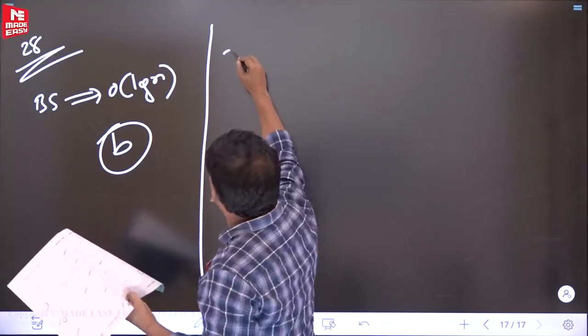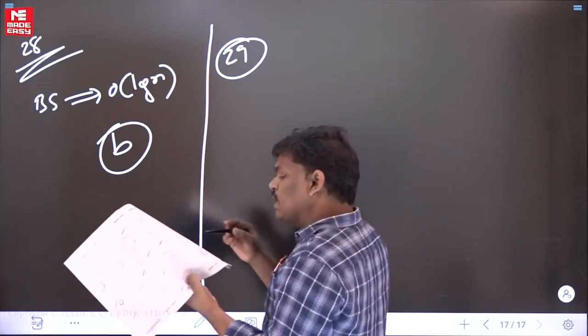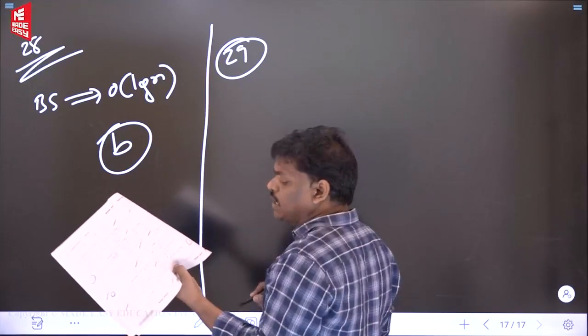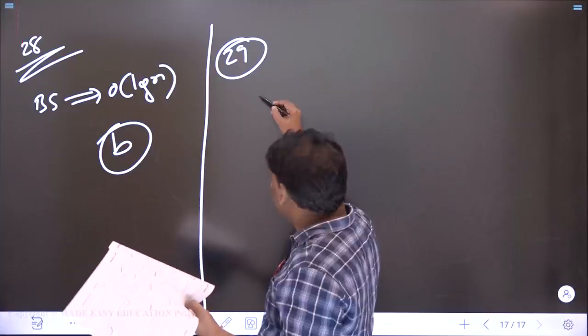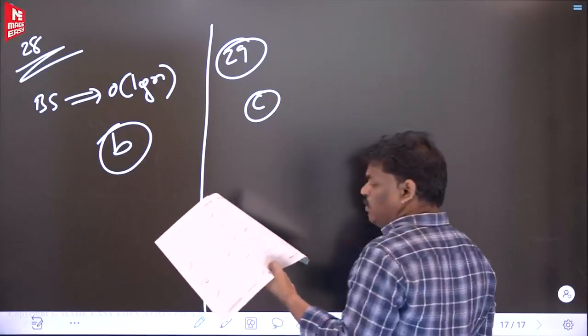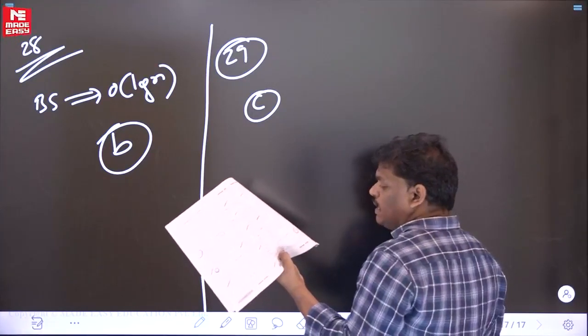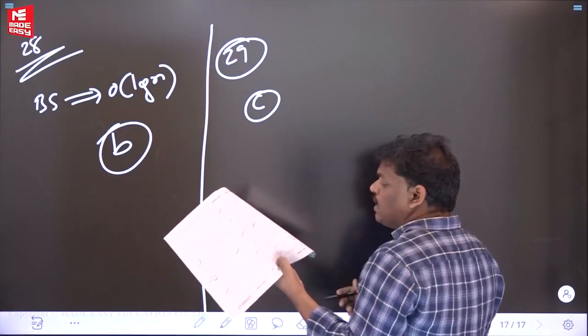Question number 29, please verify properly. Because of a small mistake, this algorithm, for the input option C, doesn't stop. It will go into an infinite loop. Answer is C. If you give option C, this algorithm never terminates.